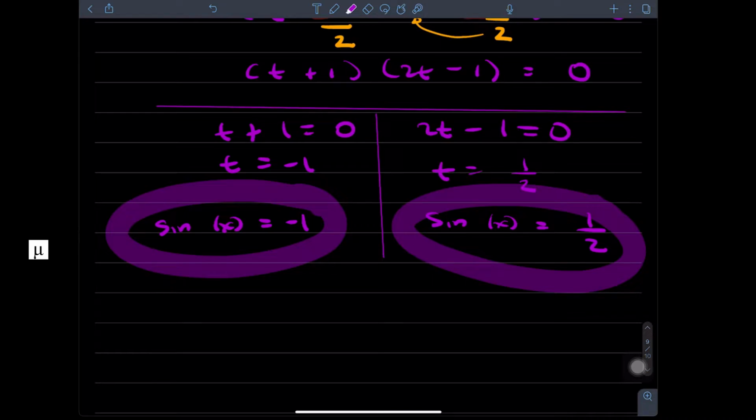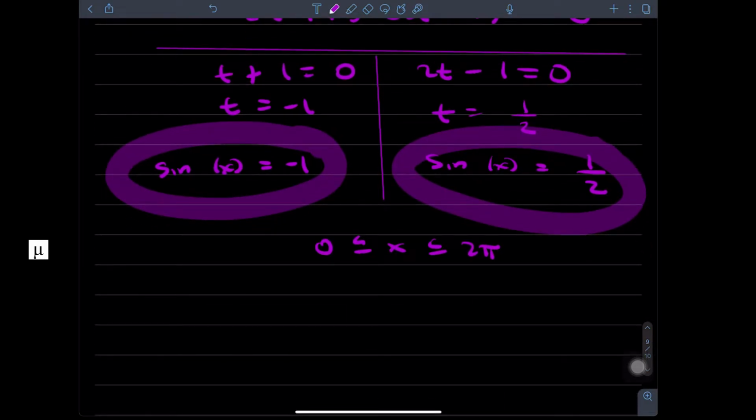Now remember, this is over what interval? They restricted the domain, didn't they? What do I mean by that? 0 less than or equal to x, less than or equal to what? 2 pi. Okay, so remember, that's actually a nice thing.